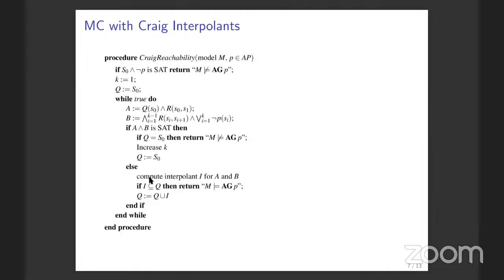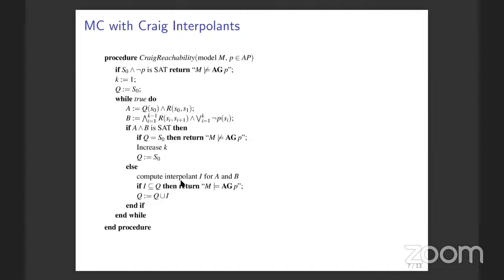In normal K induction, you would have just proceeded to K equal to 2 to see if there are larger counterexamples. But here, you go into that interpolant computing loop. Since A and B is unsatisfiable, there is no one-long counterexample, or in general, some K-long one. You can run it up to K, and then you can do this as well.